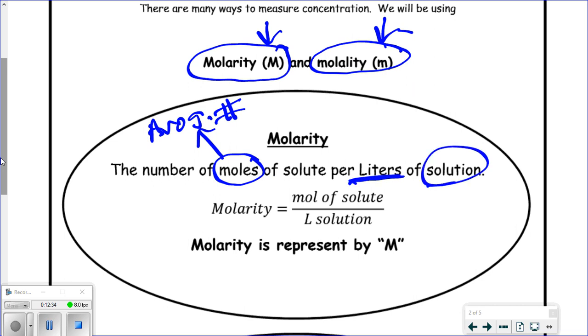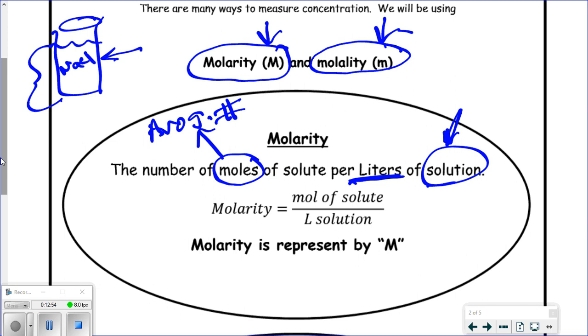So what we're looking at is, if I have my salt and my water there, how much salt do I have in this much water? Or this much salt water, rather, sorry, it's solution. You have to be really careful.